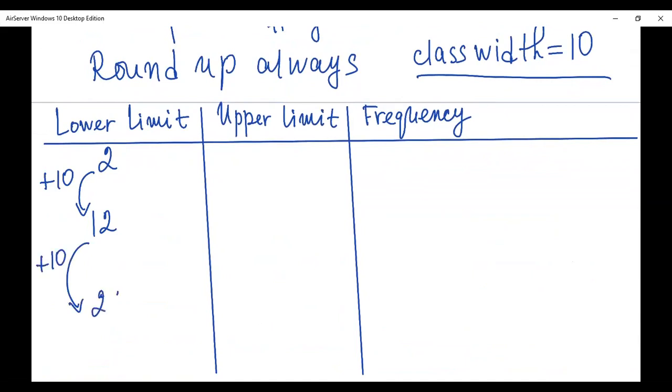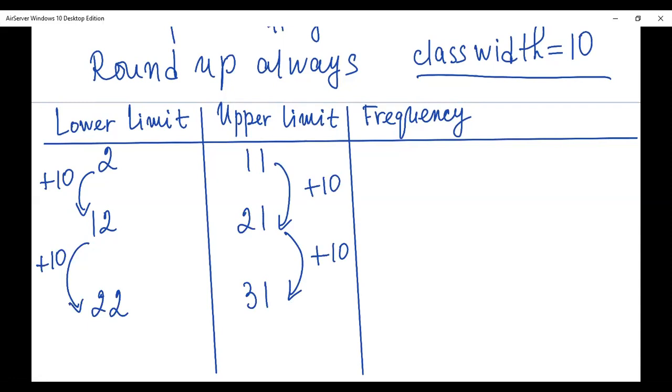This is 20. Now, since we know the lower limit for the next interval, we need to go 1 back. So the upper limit for the first interval will be 11. And we can apply the plus 10 rule again. That will be 21. And another plus 10, because that's the class width, that will be 31.